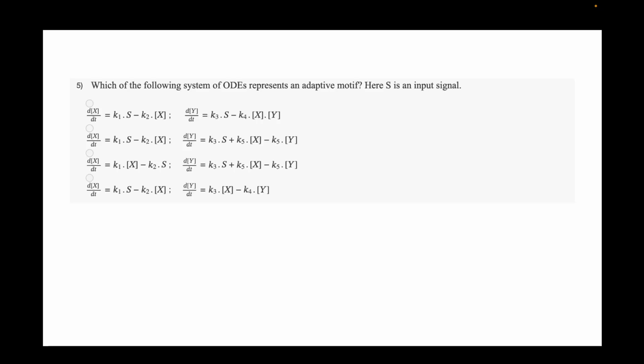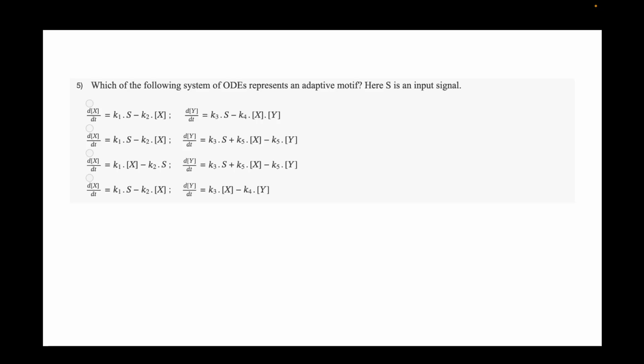So this will be an adaptive motif when the steady state value of Y is independent of S. Even if you change the value of S, the Y steady state will not change. The Y steady state is not dependent on the value of S. So if you slightly change one of the dependent variables, the steady state of the other dependent variable does not change. So this is the concept of an adaptive motif.